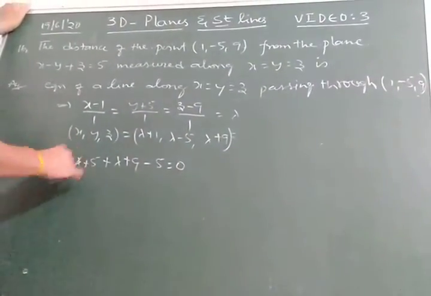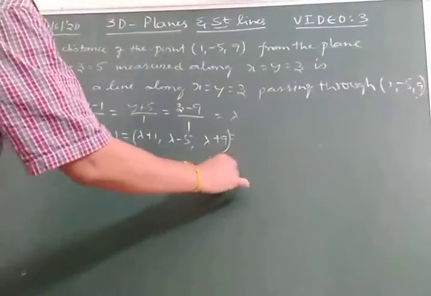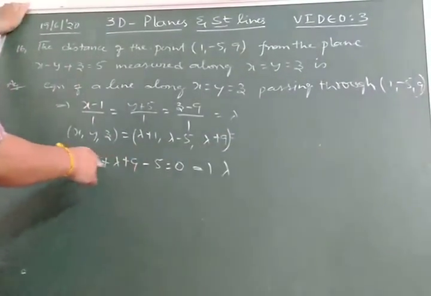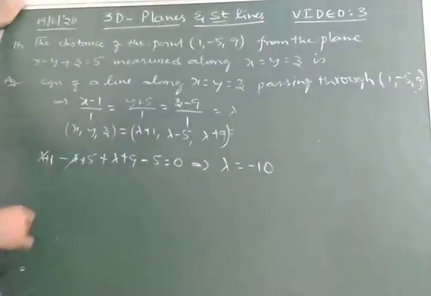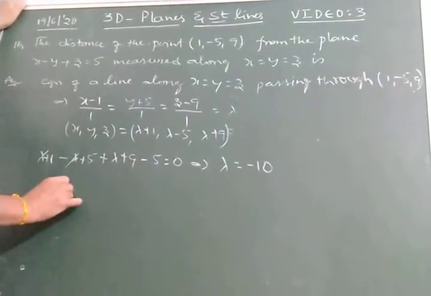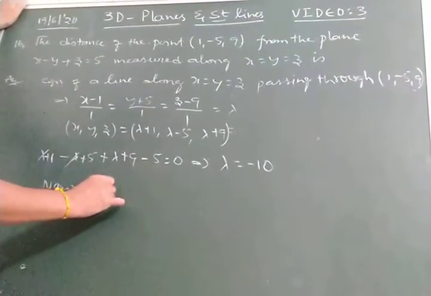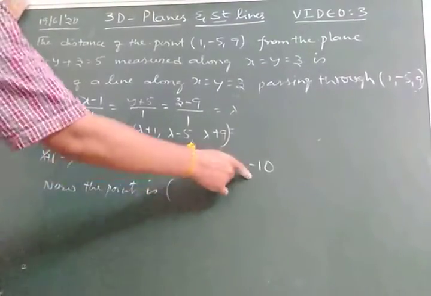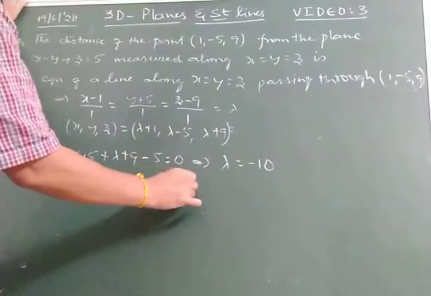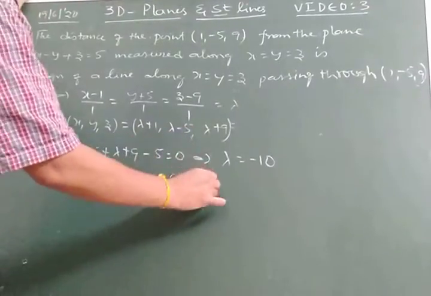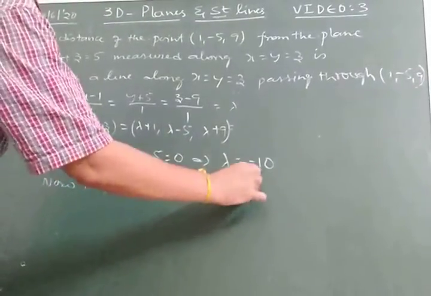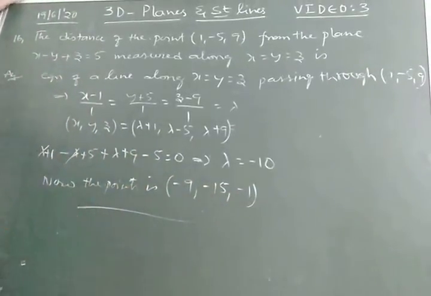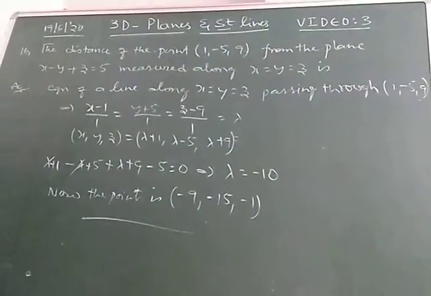So here lambda is minus 10. Now the point is minus 10 plus 1 is minus 9, minus 15, minus 1. This is the required point on the plane.